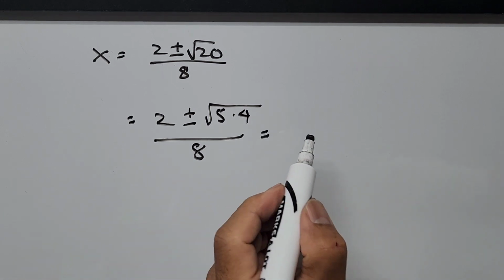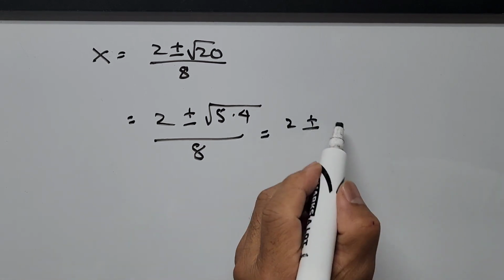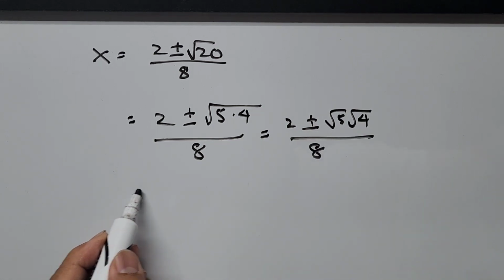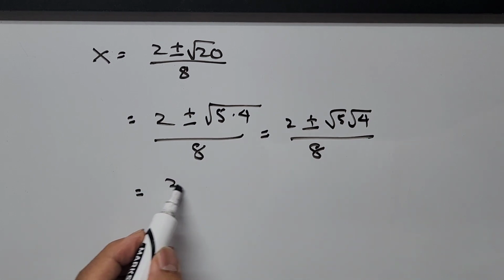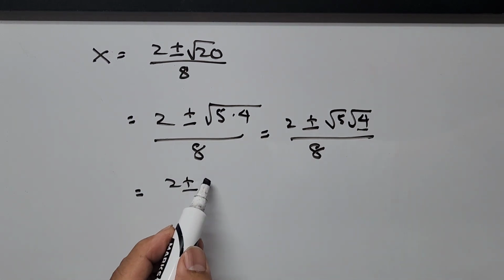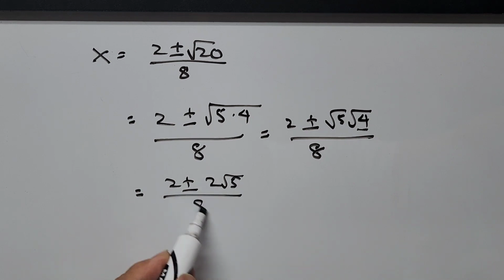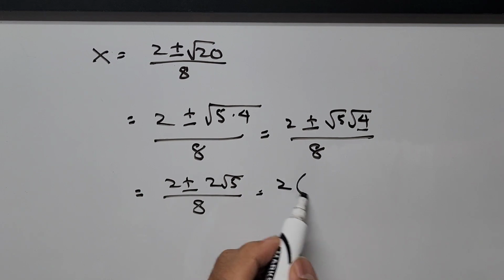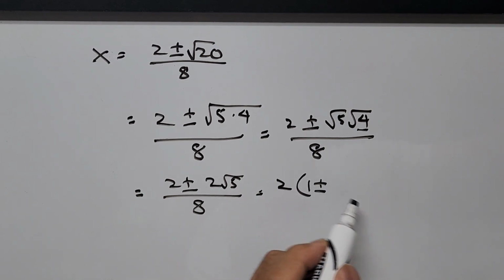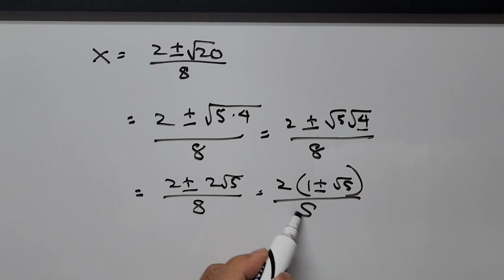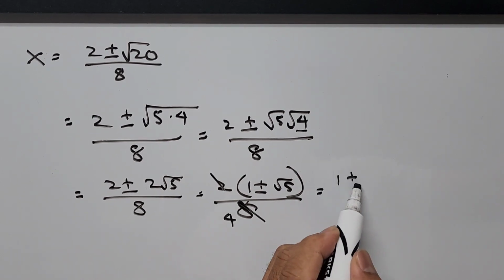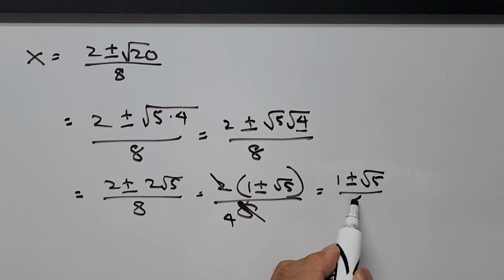So this is now 2 plus or minus the square root of 16 plus 4, which is 20, divided by 8. Simplifying further, 20 can be written as 5 times 4, so this is 2 plus or minus the square root of 5 times the square root of 4, divided by 8. The square root of 4 is 2, so we have 2 times the square root of 5, divided by 8. Factoring out 2, we have 1 plus or minus the square root of 5 over 8, with 2 over 8 being 1/4. So this is equal to 1 plus or minus the square root of 5, divided by 4.